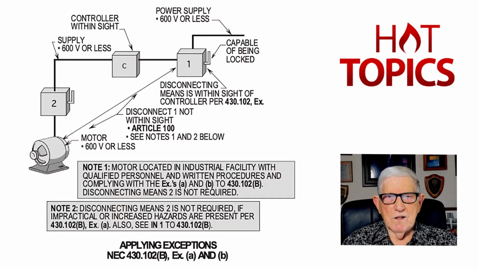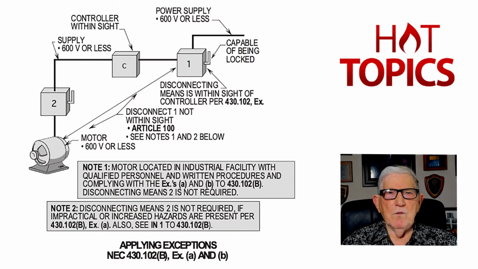So we're just looking at Note 1 and Note 2, which is required when we apply the exceptions. 430.102(B), Exception A in the 2017, Exception 1 in the 2020, and of course you'd be applying part B also. So keep that in mind.